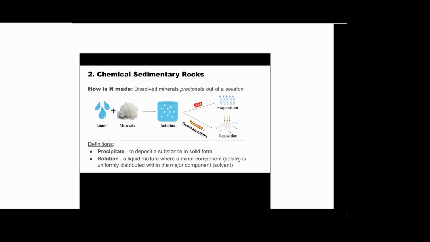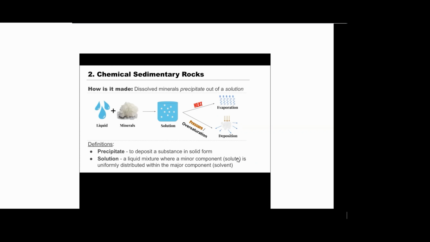Over time, you can have a precipitate form, which means that solution is going to settle down. Heavier things are going to kind of fall to the bottom, and that is called precipitation, or precipitating out. So when that solid component settles out of the solution, it's no longer mixed in.